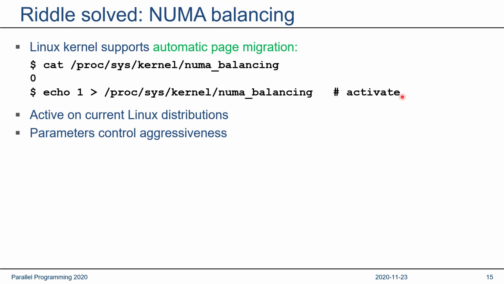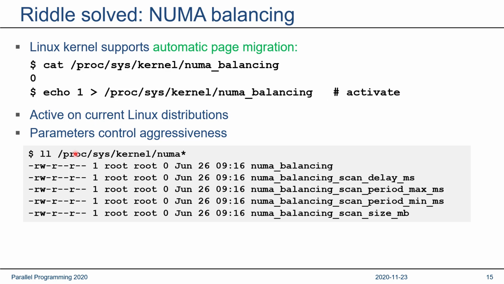There are parameters on Linux that control the aggressiveness of this process. It's entirely clear that this automatic page migration feature cannot be too aggressive. If it's made too aggressive, then the machine could end up in a state where it does nothing but move around memory pages. This has to be prevented.